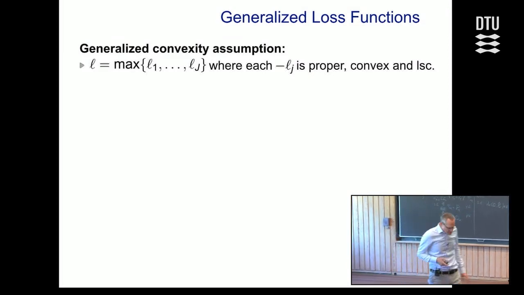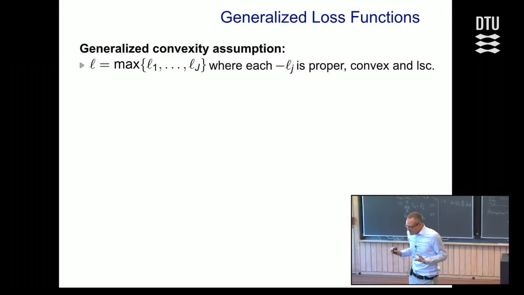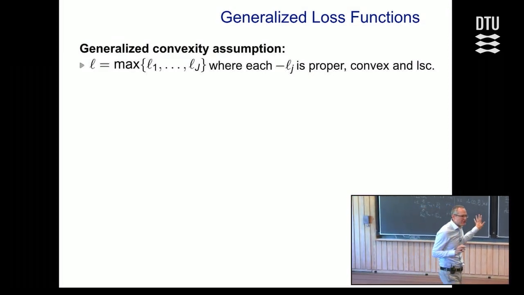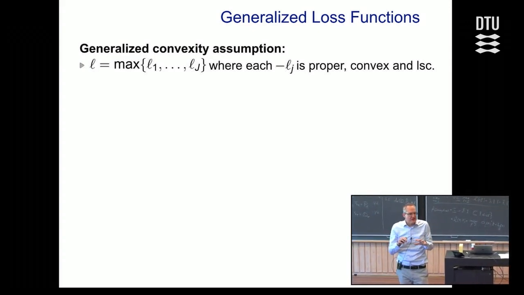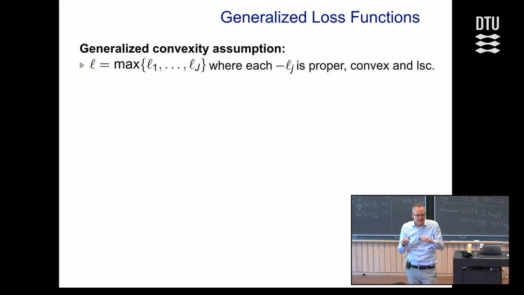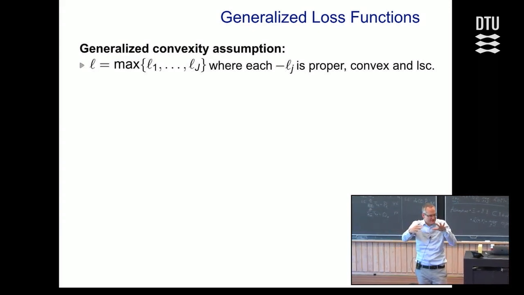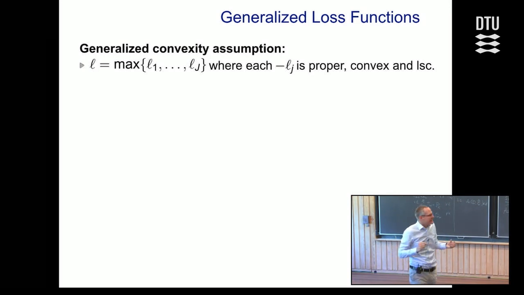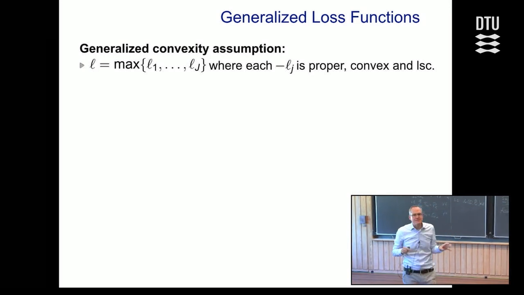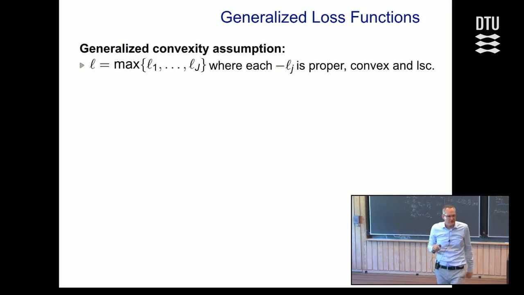Okay. So just to give you a flavor of what you can do with this, so far we looked at the situation where the loss function, so this result was for a loss function that is concave, so it looks like that in the uncertainty's index size. However, all the results, so all the tractable reformulations, can also be derived for loss functions that can be written as a pointwise maximum of different concave functions.